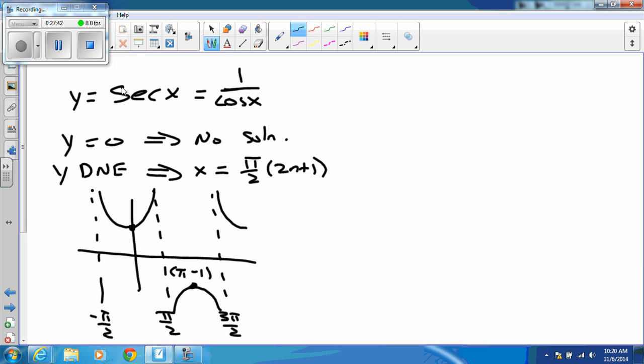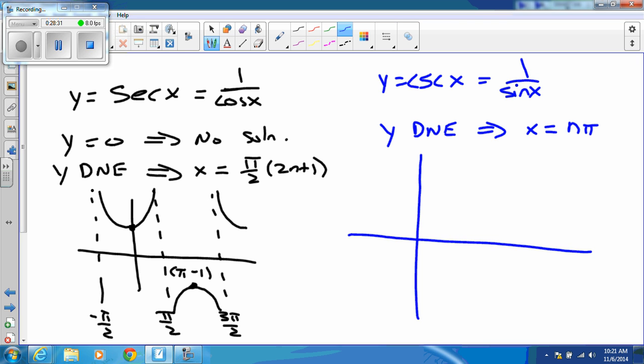Go ahead and graph cosecant also. So you should have vertical asymptotes at pi and 2 pi.